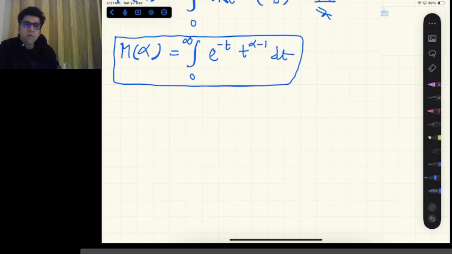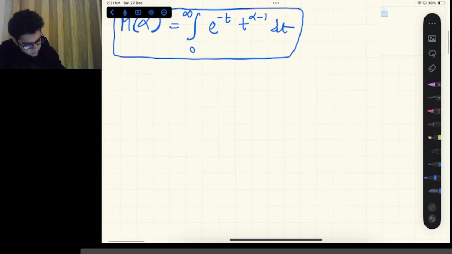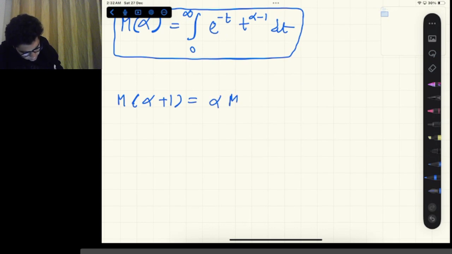Now let me tell you the value of the gamma integral. Gamma alpha plus 1 will always be equal to alpha times gamma alpha.